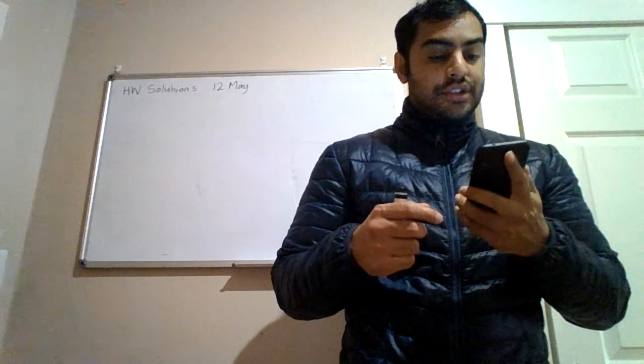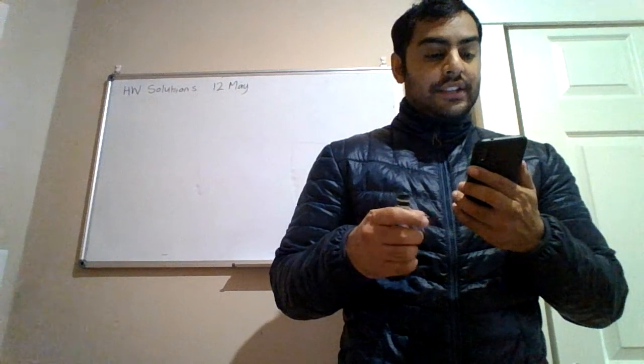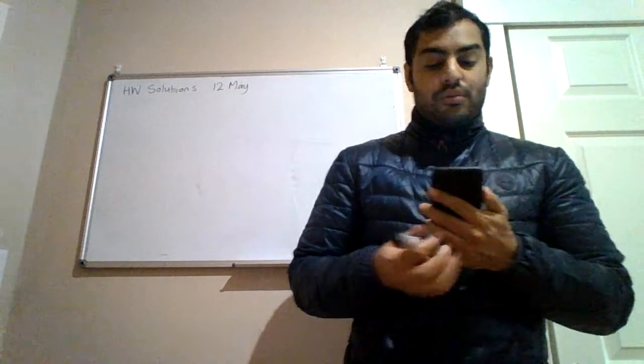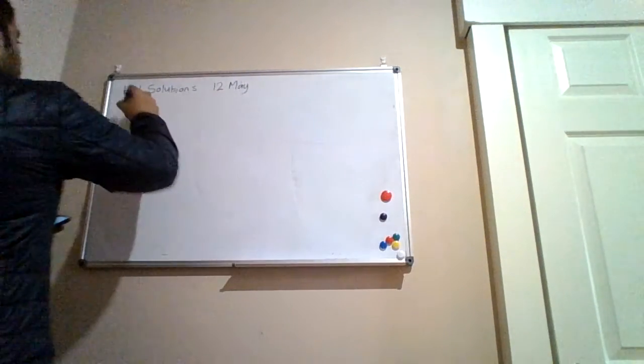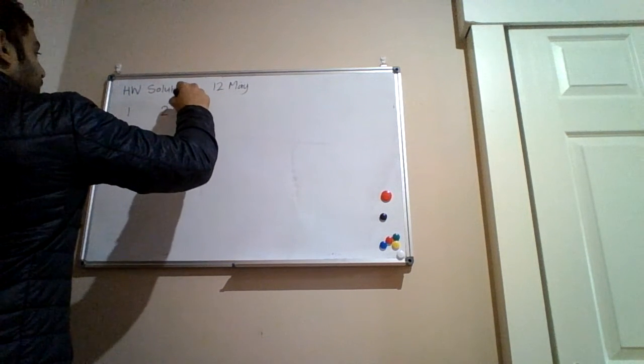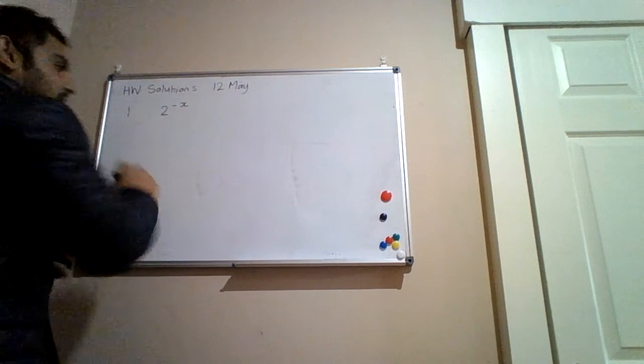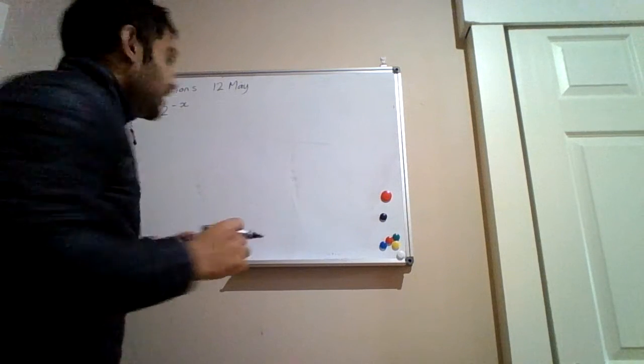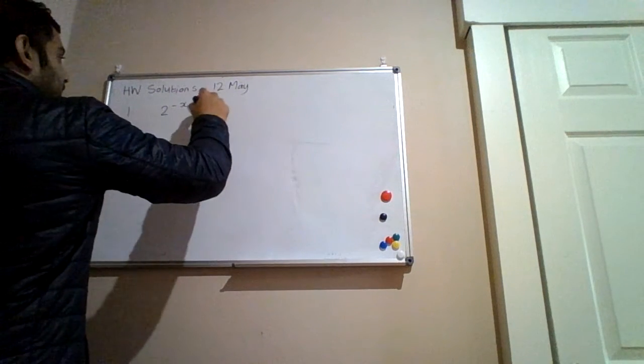So for the homework, the first question is, why is 2 to the minus x equal to half to the power of x? So let's start off with the left-hand side, 2 to the minus x.